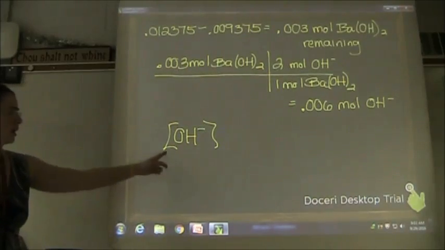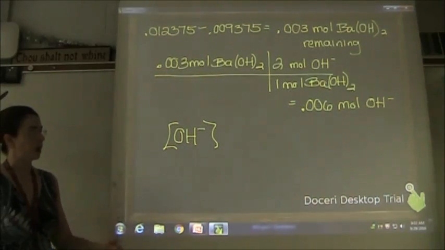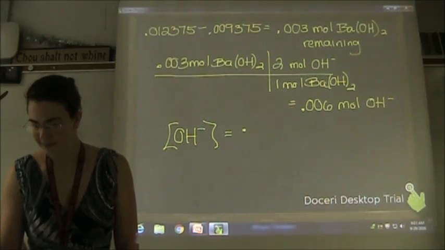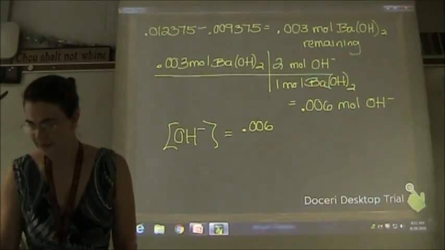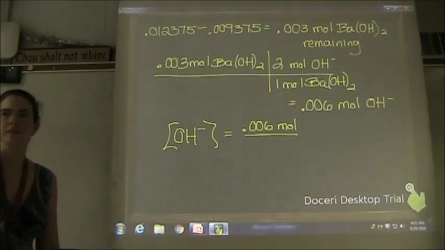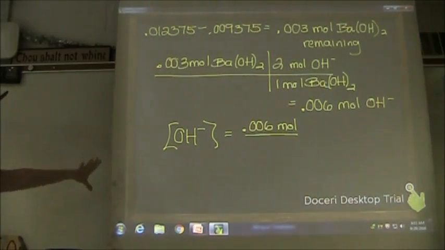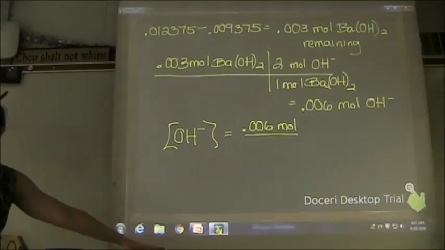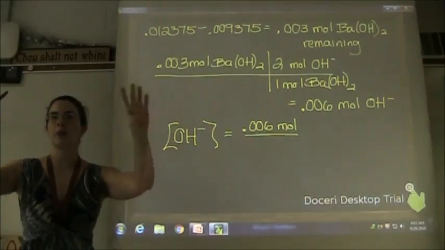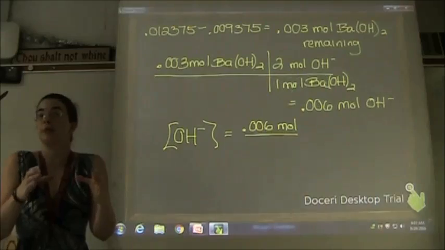What do brackets mean again? Okay. Well, I've got the moles. And this is what I was thinking on that previous problem where I got a little mixed up. The reaction is over. We are at the end. I had 2 solutions. I have poured them together into one big beaker.